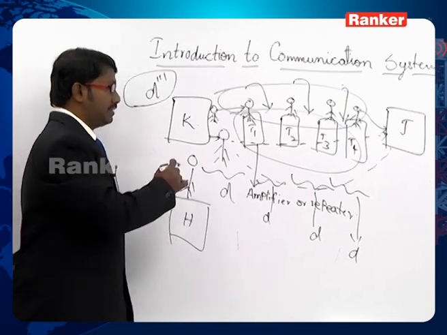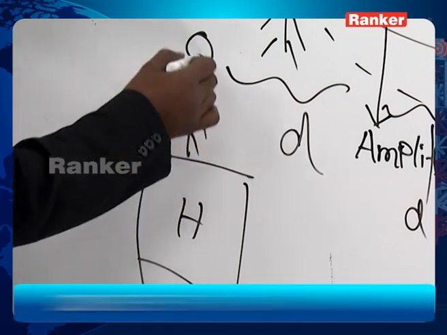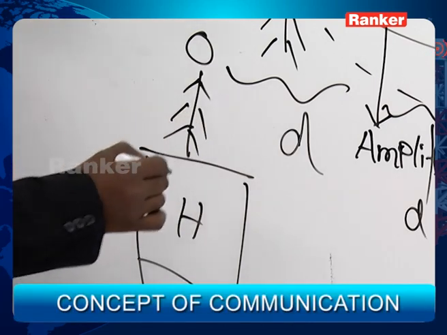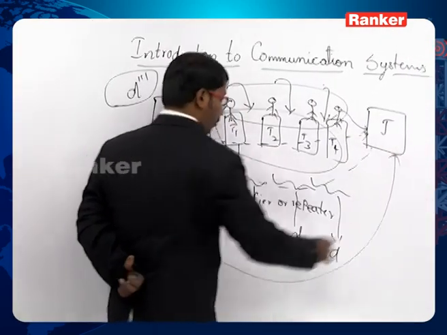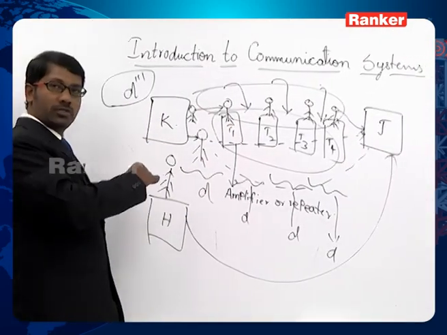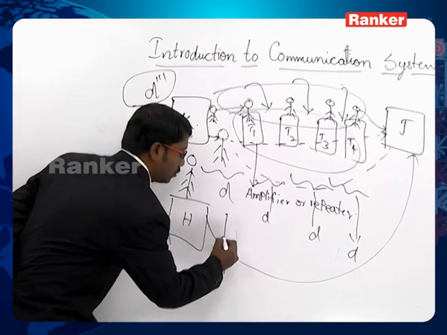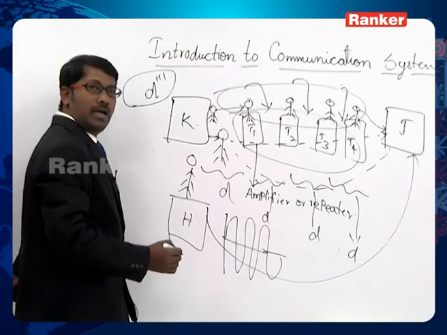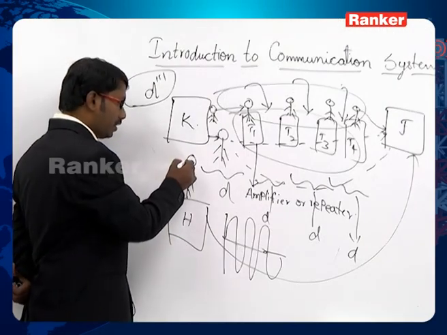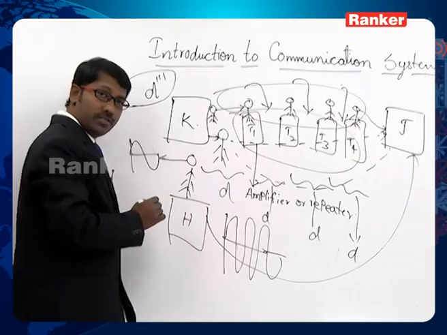As the distance is increasing, the messenger takes the information on this horse and moves towards the destination. What can I compare this horse to? I can compare this horse to a high frequency carrier, and this messenger carrying the message I would consider as a low frequency message.